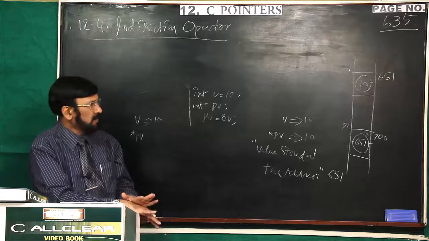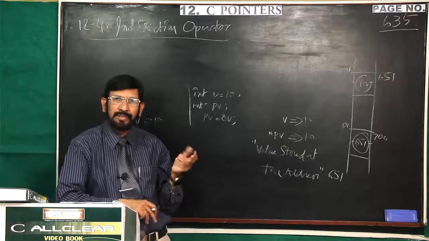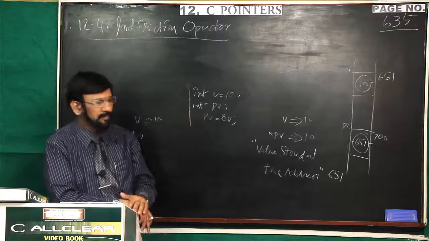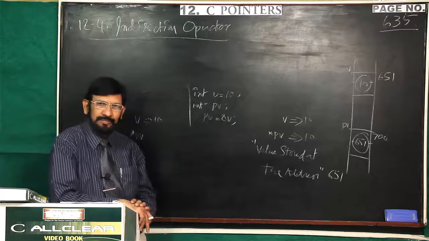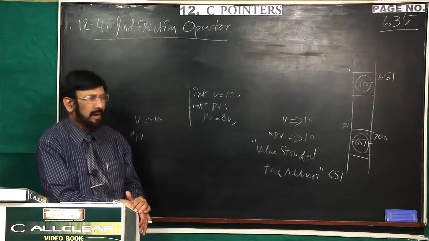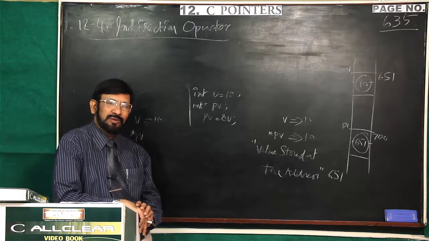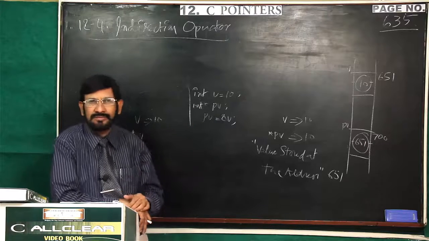The processor does not know your name, height, weight and all that. The processor knows addresses and the value stored in them. So if you write a notation like star pv, then the processor can easily understand, and the compiler's role is reduced. Obviously, your program efficiency is increased.